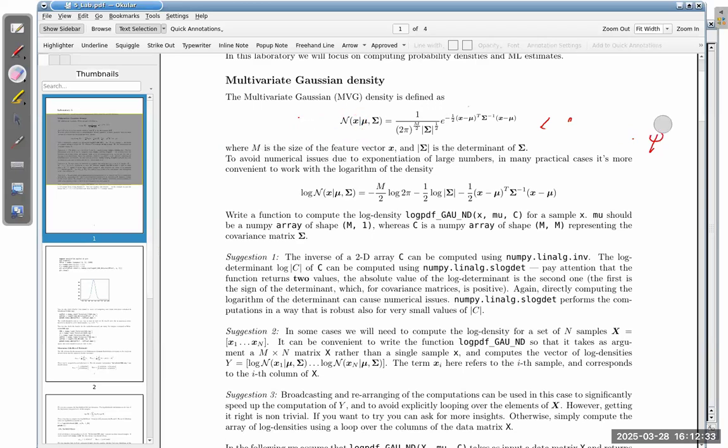But even computing the density for a single sample, if the sample is high dimensional, may be problematic. Imagine that you have covariance matrix equal to identity and a vector x which has all components that are small. Why? Because, for example, this represents pixel intensities as floating point values.